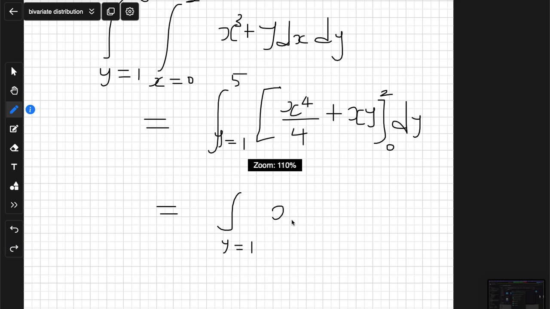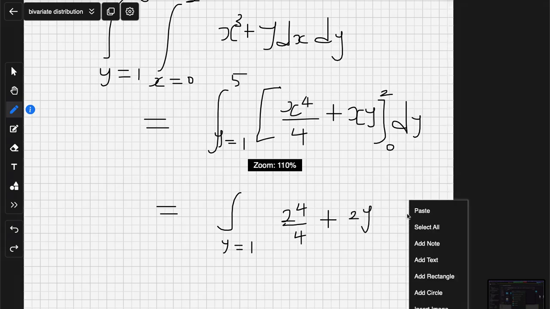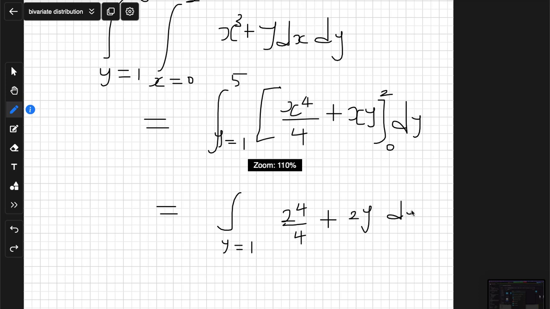At the end of the day, you are going to have 2 raised to the power of 4 over 4 plus 2y dy, from y equals 1 to 5. So 2 raised to the power of 4 is 16, and at the end of the day you have 4 plus 2y dy, integrated from y equals 1 to 5.